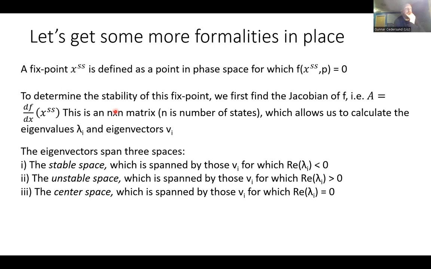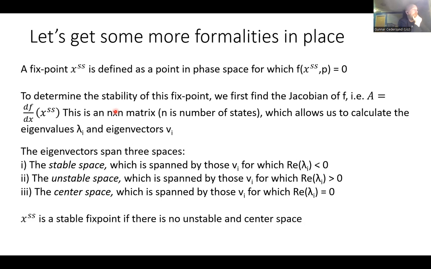And then you might also have somewhere where it's not positive, it's not negative, but it's actually absolutely 0. And this is a very particular type of situation where a fixed point has such eigenvectors. And the space that is spanned by those eigenvectors is called the center space.